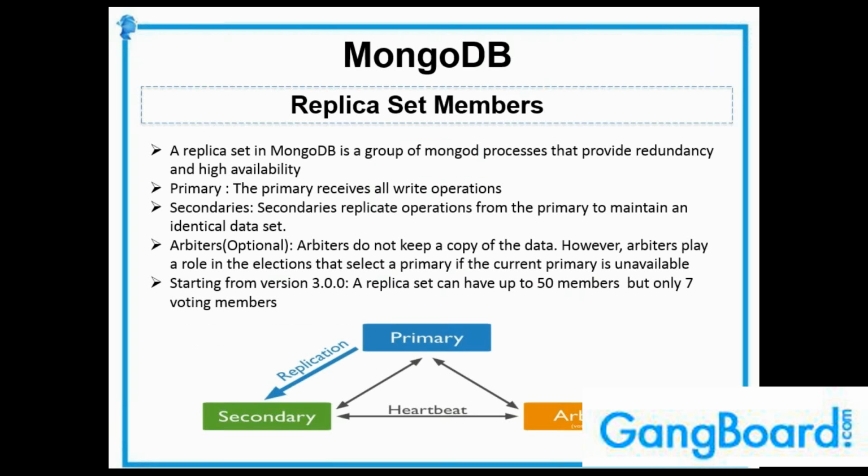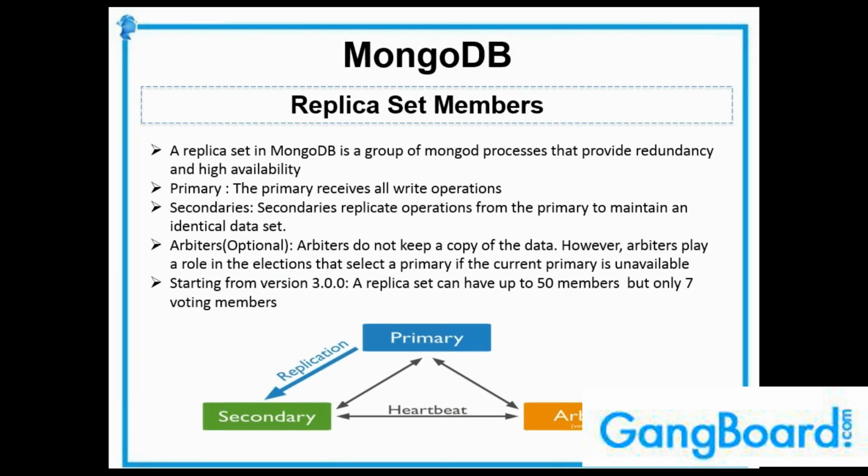If you have a 5 node replica set, then you will get 5 votes, as each node can vote once. Based upon the votes only, the next primary will be selected.